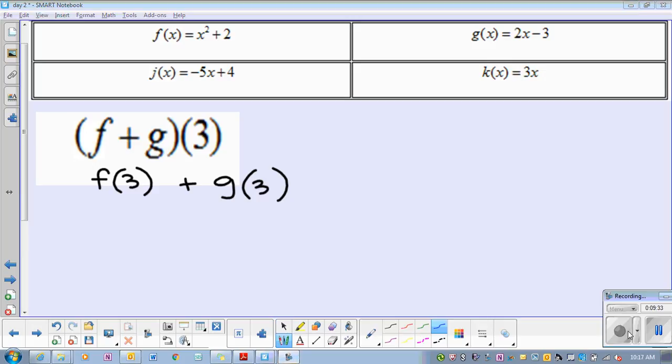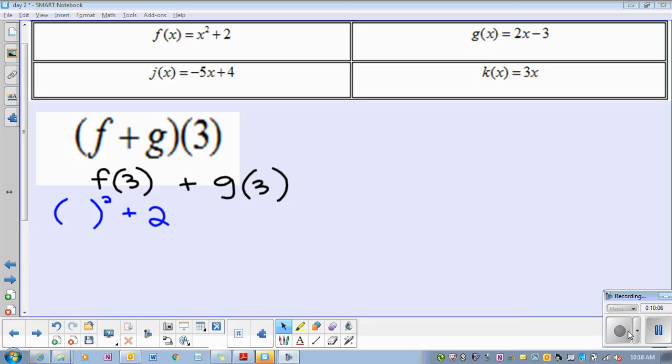All right, so f of 3. I'm going to go get the f function. And it says it's x squared plus 2. Parentheses squared plus 2, yes?